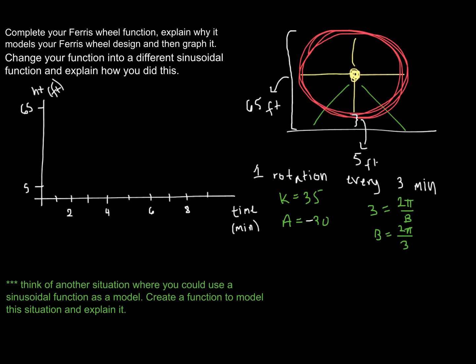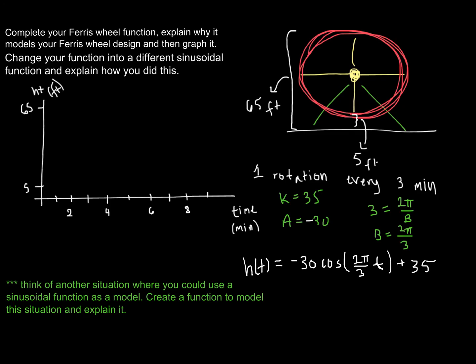So now I can put together my function: the height, which depends on the time, is going to be negative 30 cosine of 2 pi over 3 times t, not x, times t, plus 35.